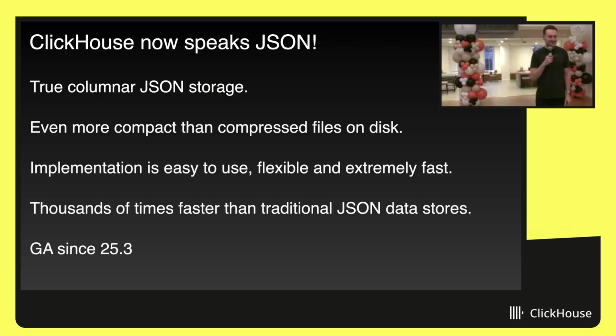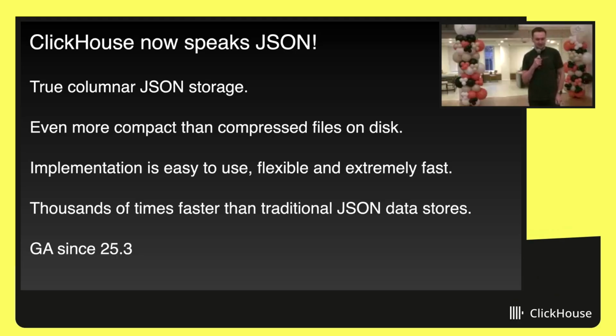So, ClickHouse now has the best support for JSON. It provides true column-oriented storage for semi-structured data, and it does it better than even storing them in compressed files. It is easy to use. Just do a create query, your column, JSON. It is flexible.